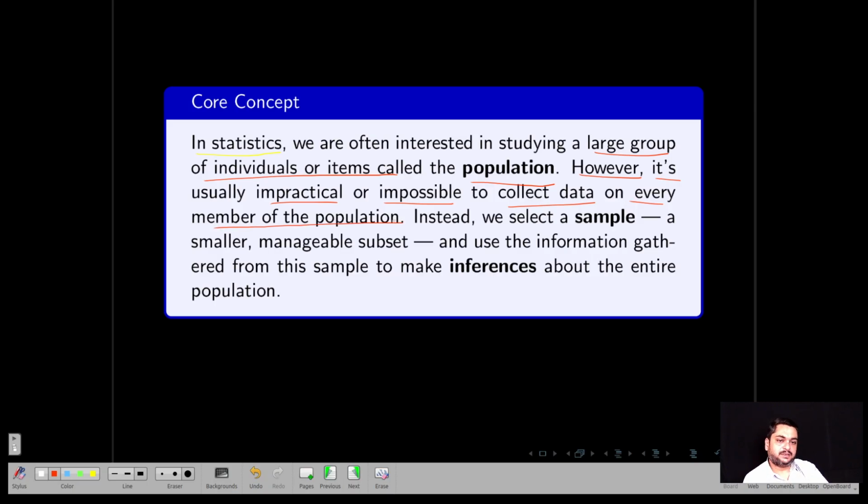For the entire population, I cannot get the entire data, due to many reasons. Instead, we select a sample, a smaller, manageable subset, and use the information gathered from this sample to make inferences about the entire population. That is the fundamental or core concept of statistics.